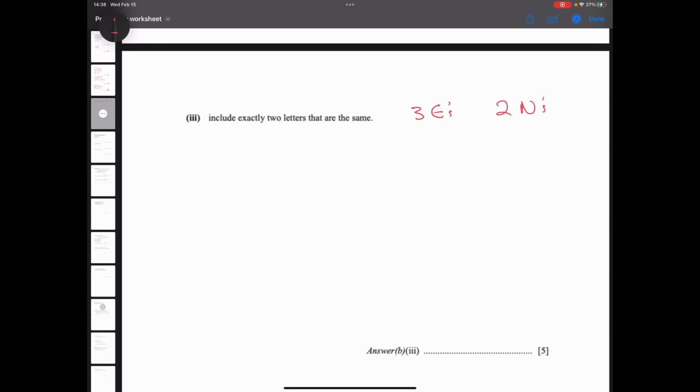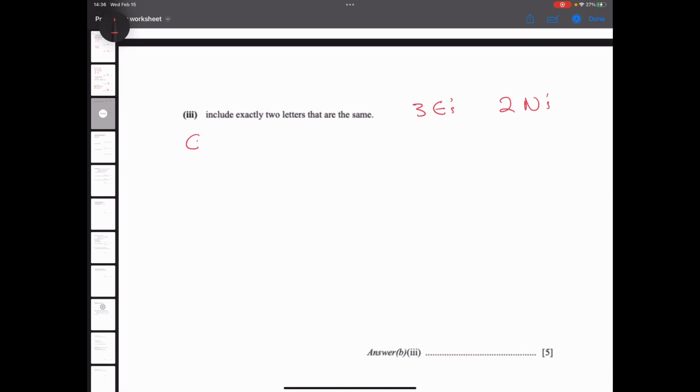So exactly 2 letters that are the same can be E, E, and not an E. I'm going to multiply this by 3 because there are 3 different orders: E first, not E, then E last.